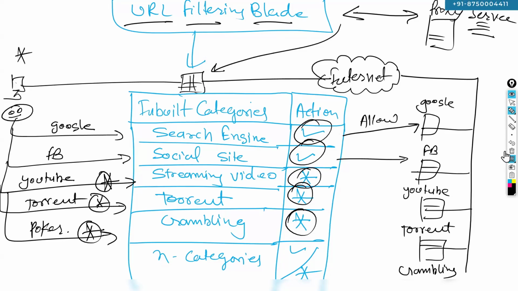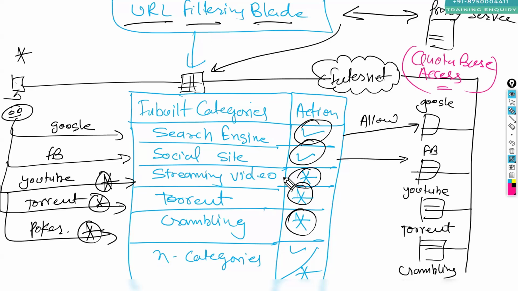So for that, a feature which is available on proxy server is quota based access. Quota based access means, for example, when we talk about simple URL filtering, in URL filtering we can allow YouTube.